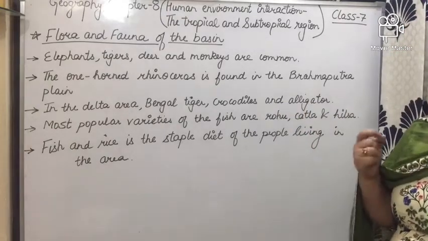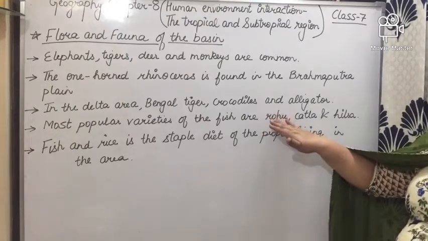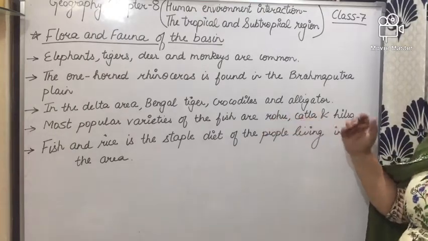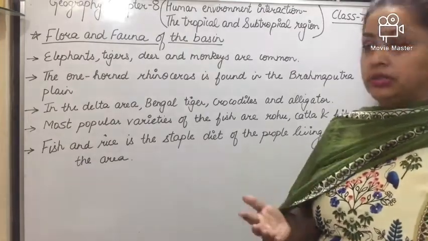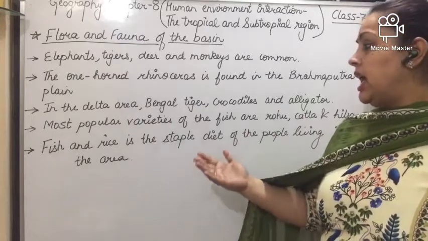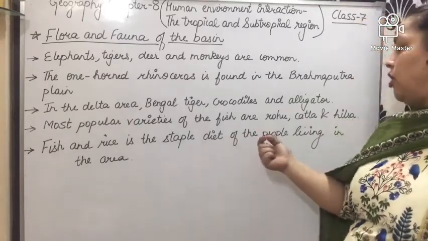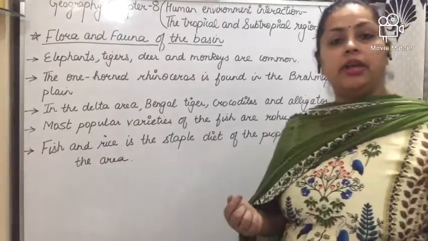The most popular varieties of fish, rohu, katla and hilsa, are also found in these rivers. That is why fish and rice are the staple diet of the people living in the area.